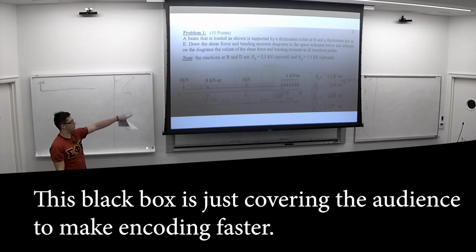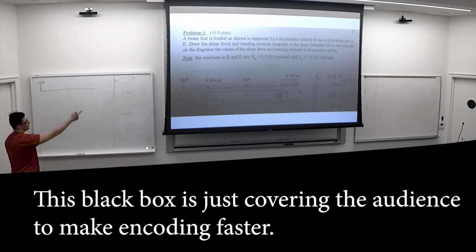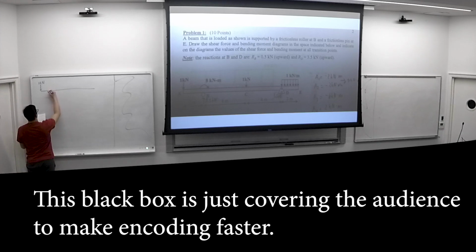Normally, the first step would have been to solve for the reactions at the pin and the roller, but they gave it to you just to save the steps because you guys have done that 10,000 times by now. So they gave you the 0.5 kilonewtons and the 3.5 kilonewtons at the supports. So we have 0.5 kilonewtons at the roller.